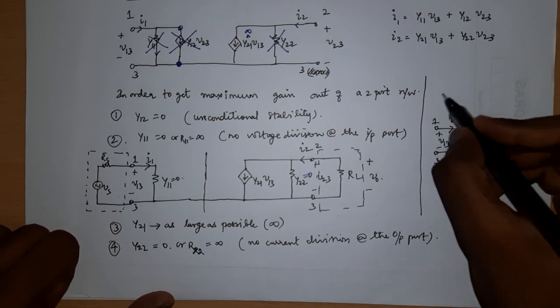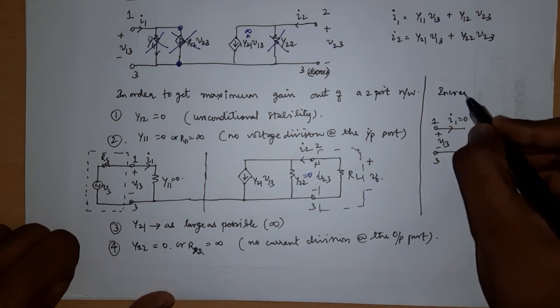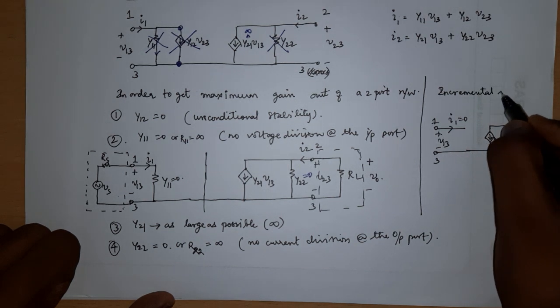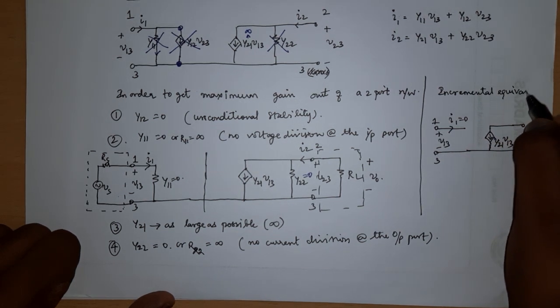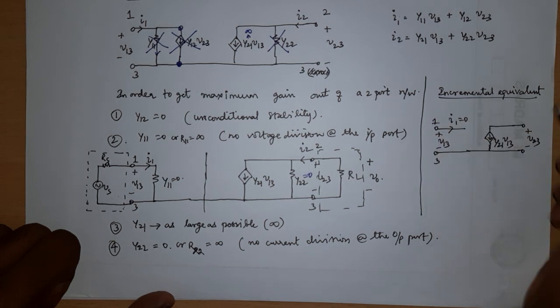If you have the incremental equivalent like this for any device, then I am claiming that I could use that device to build amplifiers.